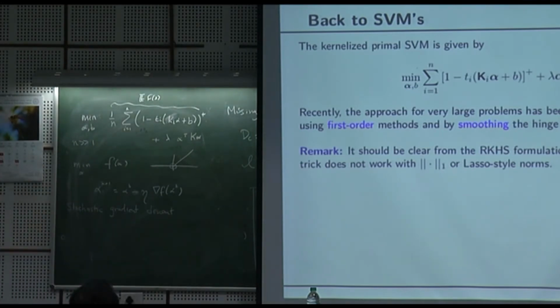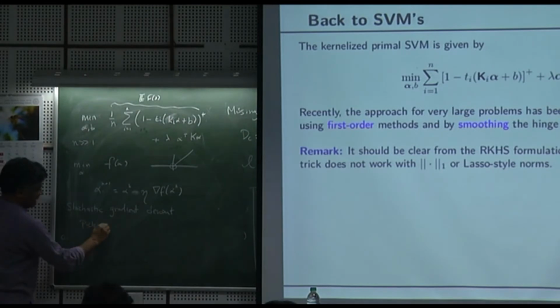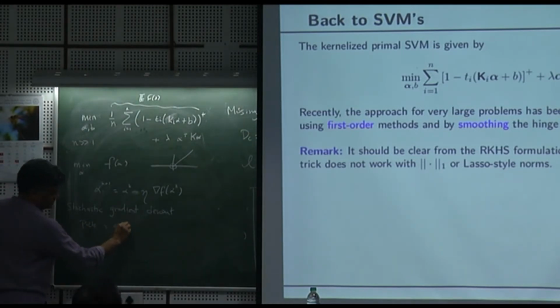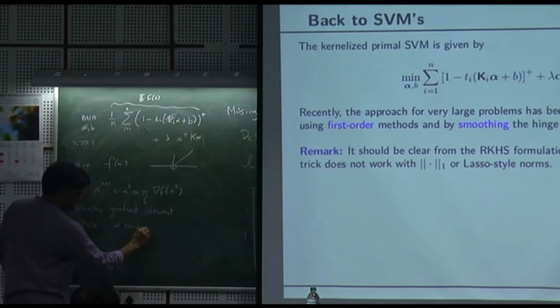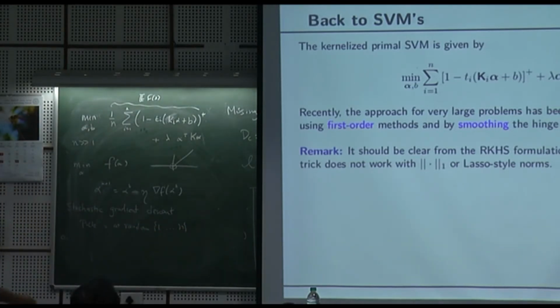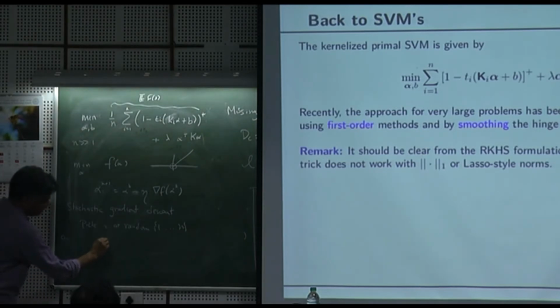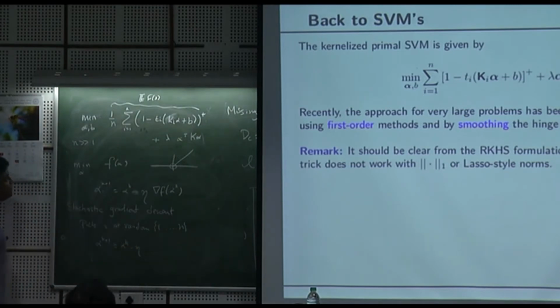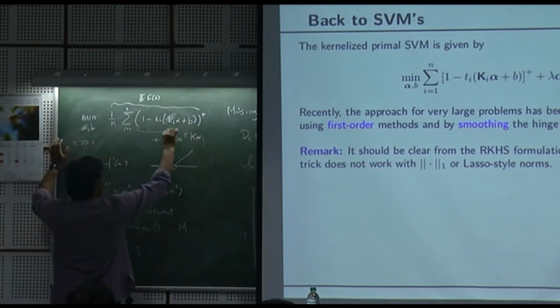In the stochastic gradient descent story, what you do is pick i at random from 1 through n. And you take the next iterate alpha k plus 1 to be equal to alpha k minus eta times the gradient of this part.